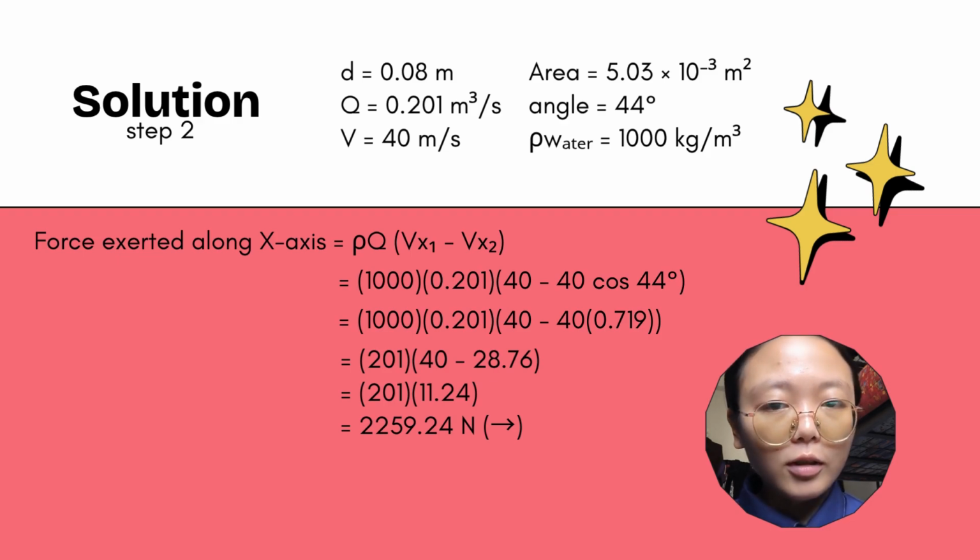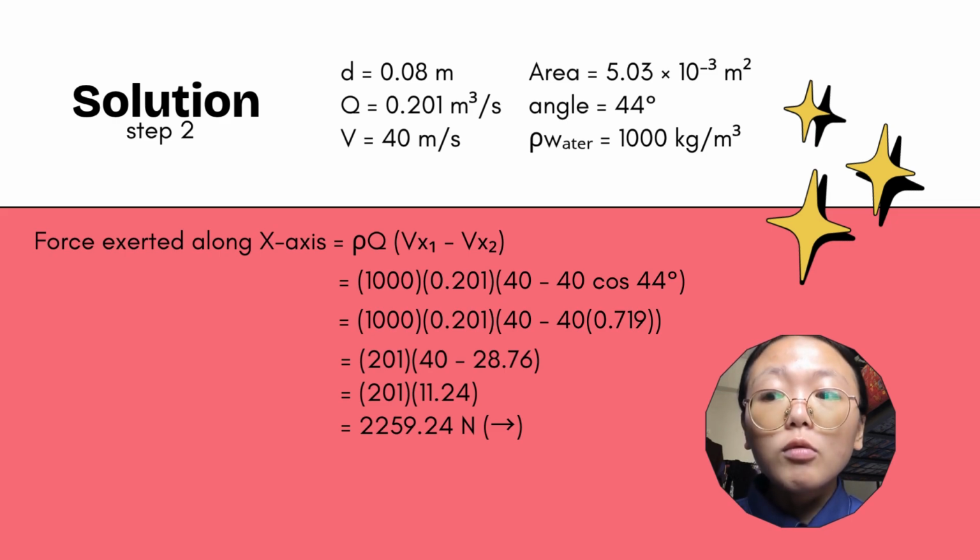So we must take into account the density of water, which is 1000 kg per cubic meter, and the discharge from the previous calculation, which is 0.201 cubic meters per second, and the velocity given is 40 meters per second, as well as the angle given, which is 44 degrees.